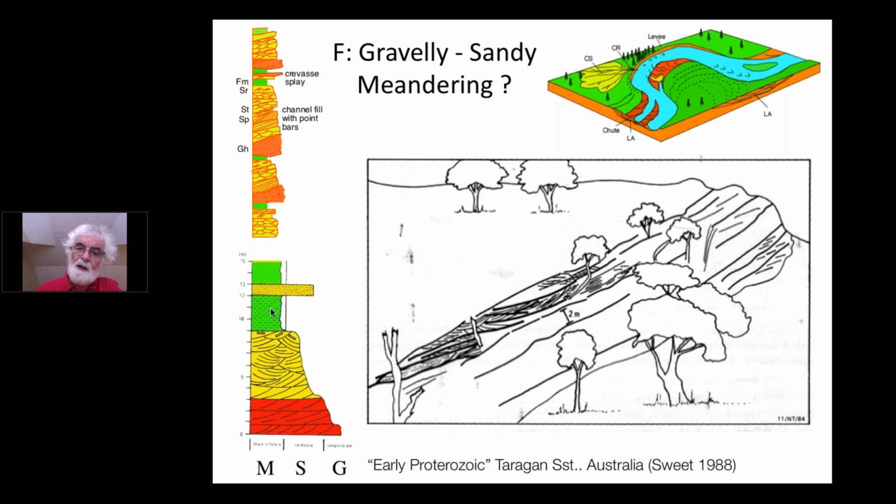We don't know. There's no architectural detail. The larger scale composite foresets you see in the top 4 meters, which are in this package in here, show some form of lateral accretion, but it doesn't go through the whole system down to the conglomerates. So we could be dealing just with simple stacking of fluvial systems with progressively reduced fluvial input through time.